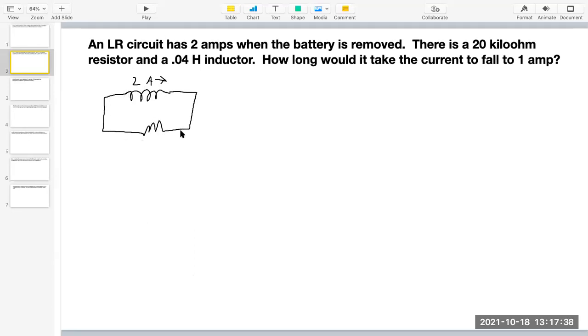So there might have been a battery that was removed via switch, but all that matters here is just the inductor and the resistor. So this can use the equation that's much more similar to the discharging capacitor equation. See if you can work it out. How long will it take the current to go down to 1 amp?